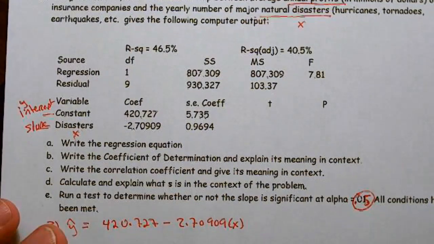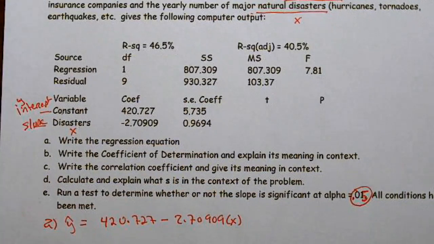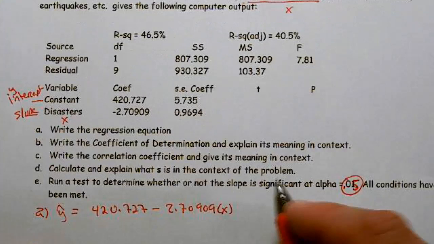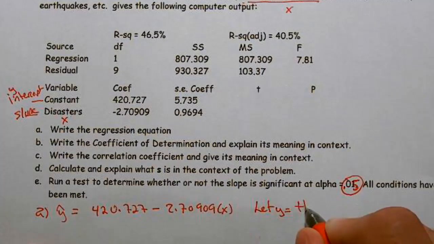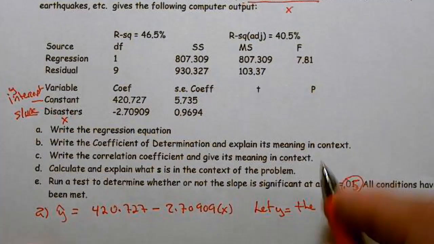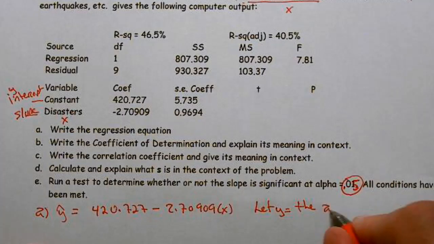And that's great. The only thing is, if I do it like that, I have to define my x and y. So we're going to define our x and y again. Let y equal the annual profits in millions. I'm going to just keep it short and call it annual profits.